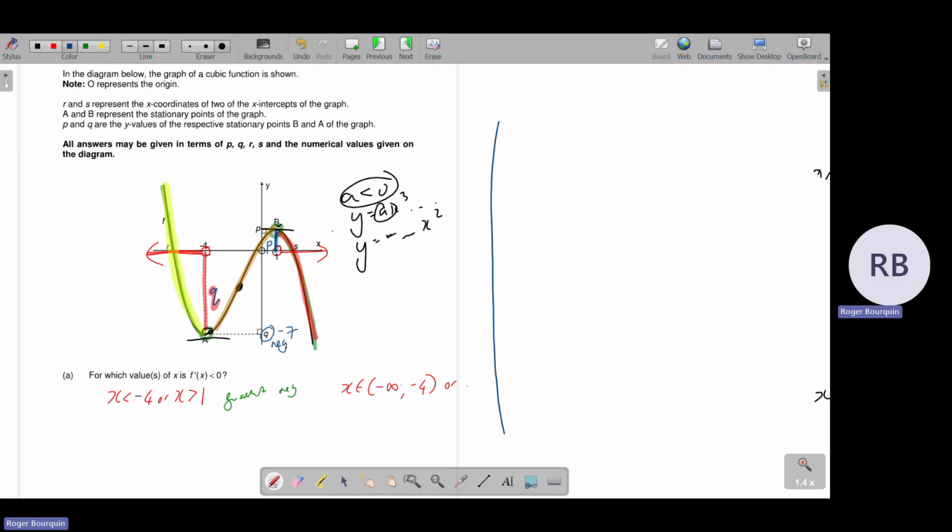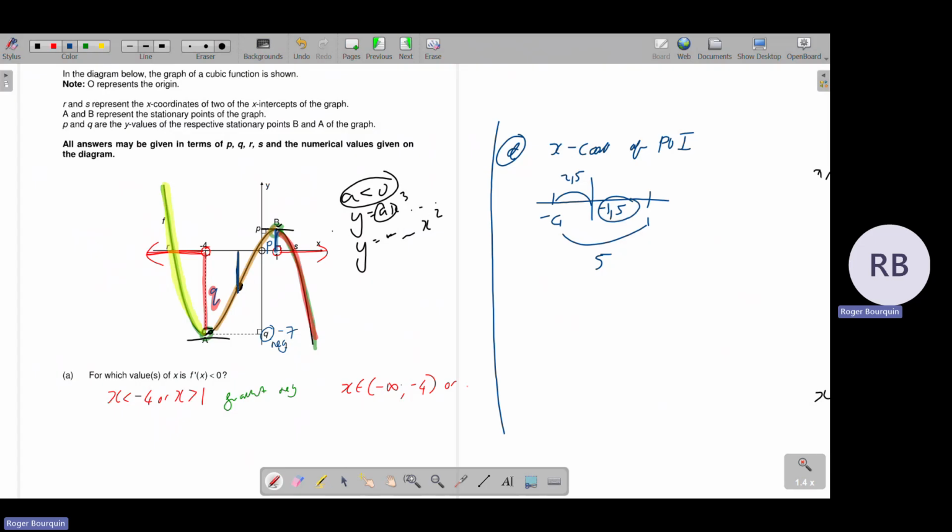Oh, less than. Oh, yeah. Sorry. What's this point then? It's not concave up, it's concave down? Oh, we can just say it.